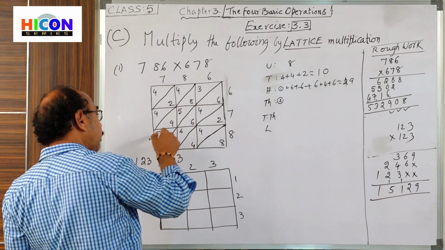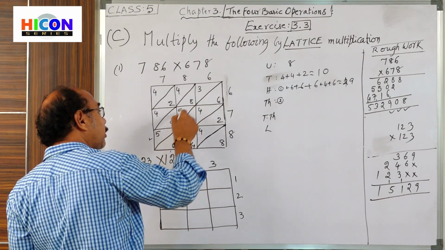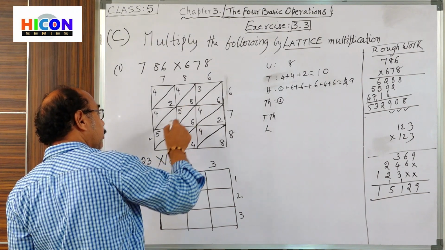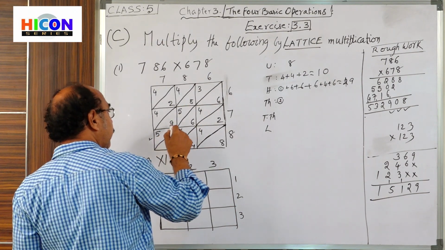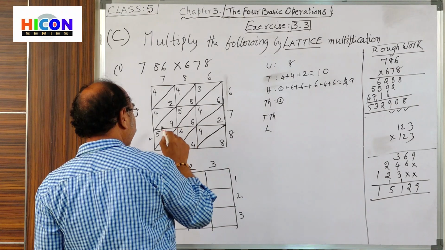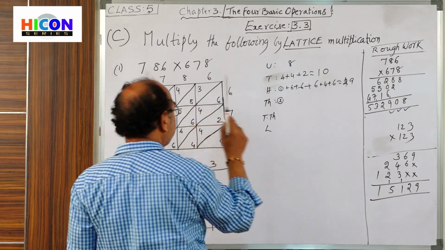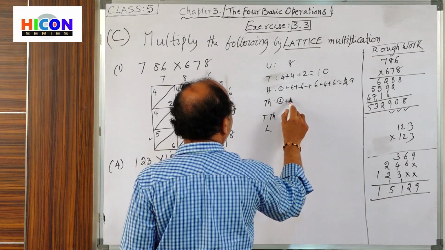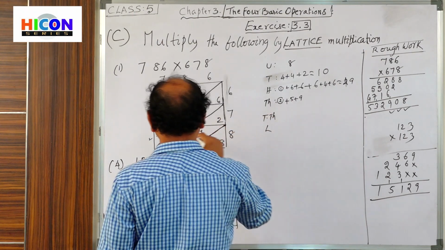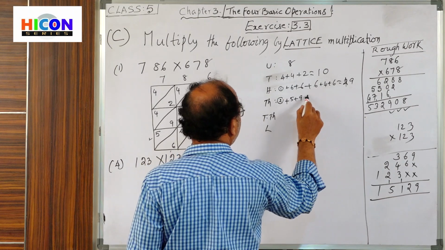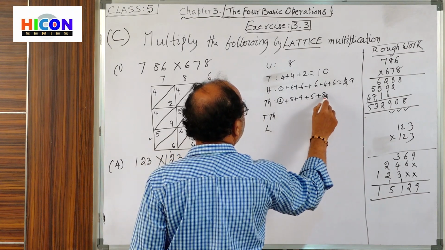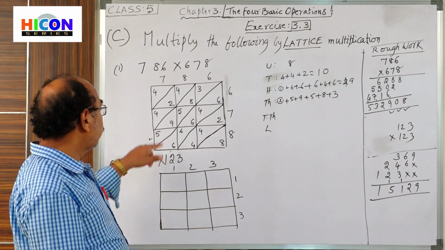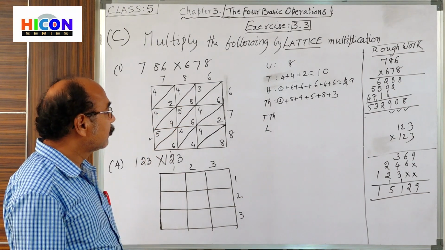Take all these numbers: 5, 9, 5, 8, 3. 59583. Okay, children, are you following?